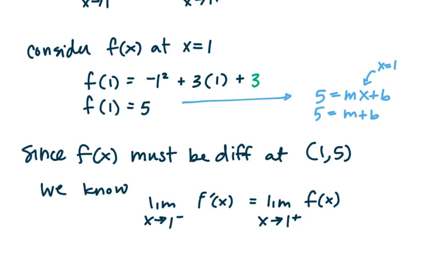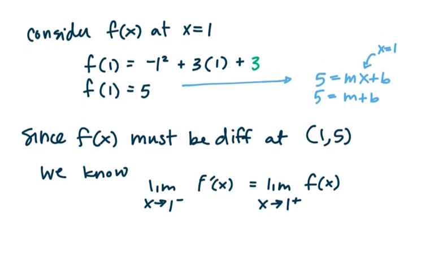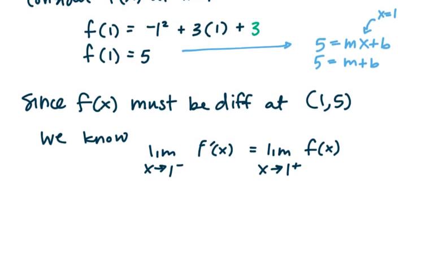So approaching from the left, we have that quadratic formula. f of x from the left is negative x squared plus 3x plus 3, so that's my f. So f prime is negative 2x plus 3.